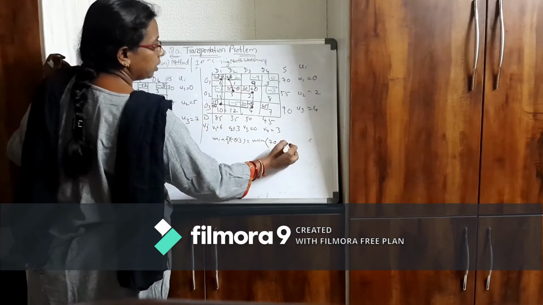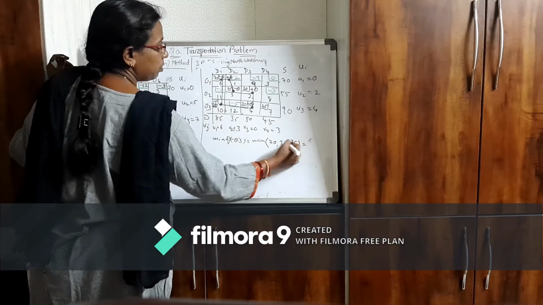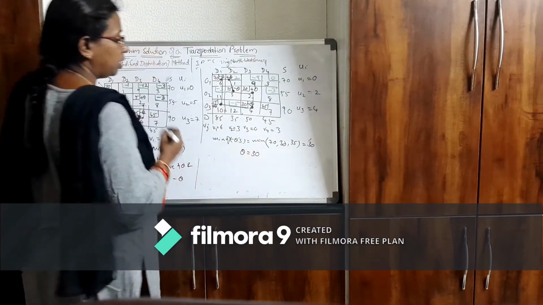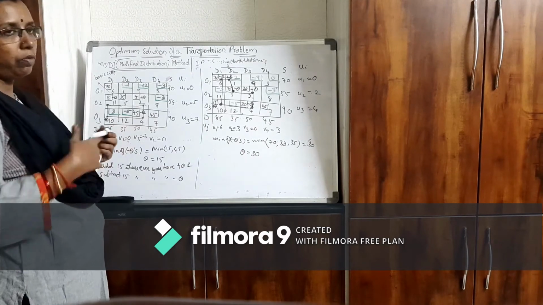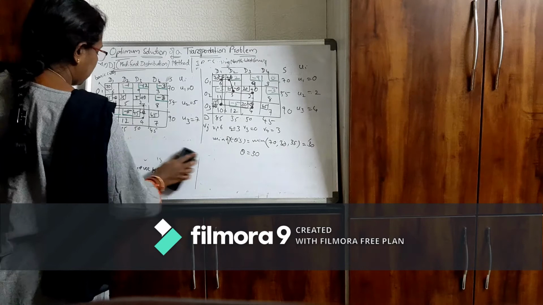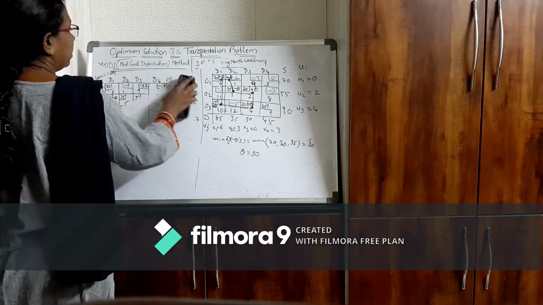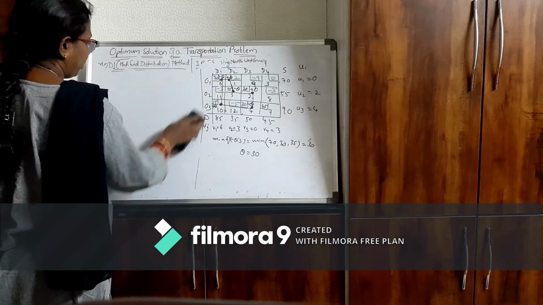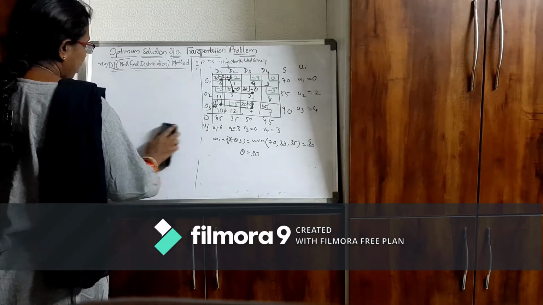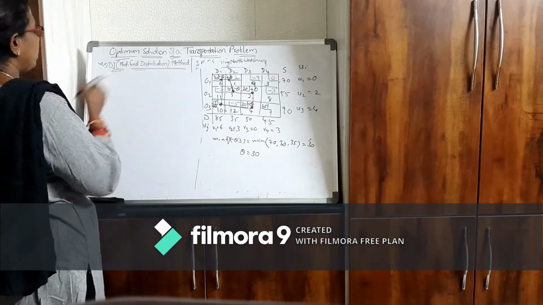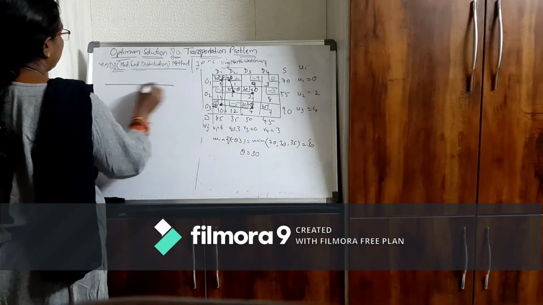Then you have here 35. So here the minimum is how much? 30. So here theta is equal to 30. Now add this 30 where you have plus theta and subtract this 30 wherever you have minus theta. Now again draw the table. So like this you have to keep on doing it until all the net evaluations are less than or equal to 0. Hope we'll get that in this table.